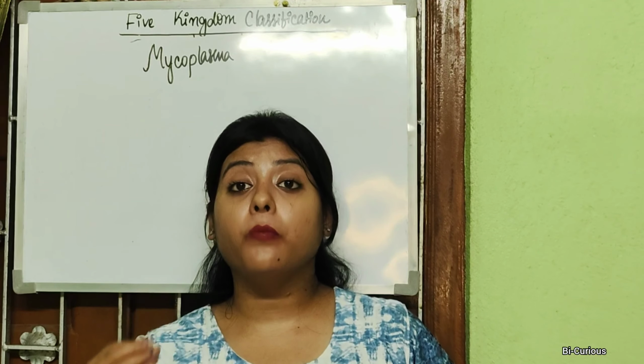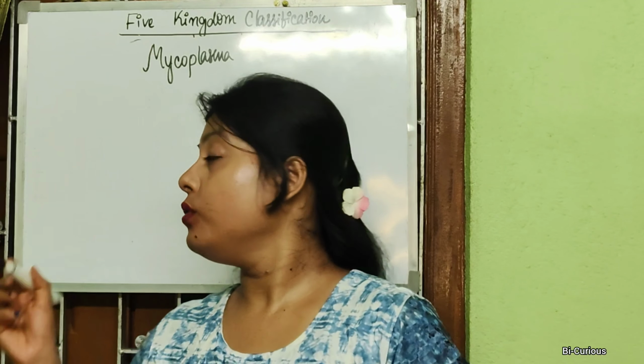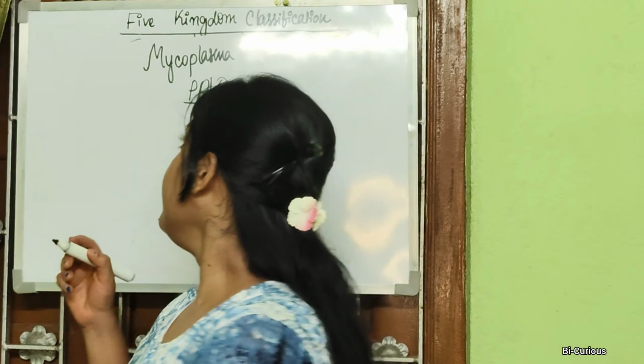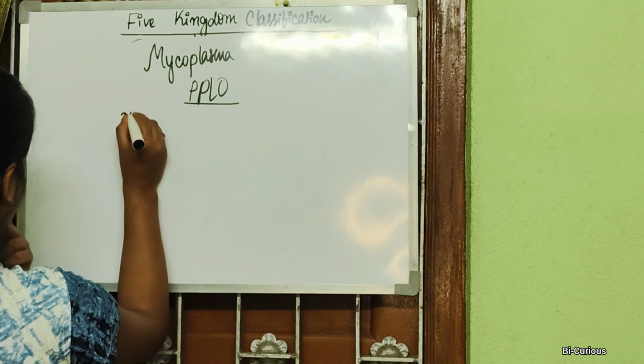And Mycoplasma is the smallest living cell. Okay? And Mycoplasma is also known as PPLO. The full form of PPLO is Pleuropneumonia-like organism. You can also note it down.